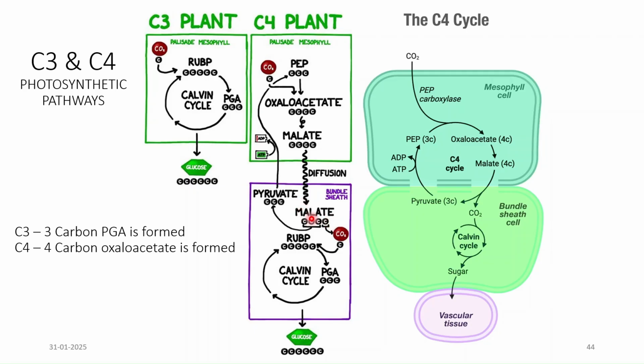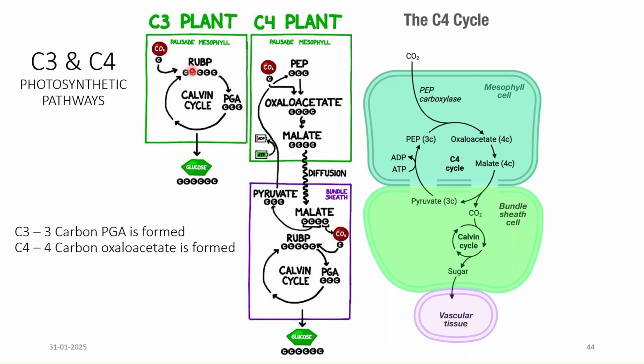One carbon from malate is used for the formation of carbon dioxide, and that reacts with RuBP. Malate is getting converted into carbon dioxide, and that is what is actually reactive with RuBP. So malate is the one providing carbon dioxide for the Calvin cycle to happen in the bundle sheath cell.